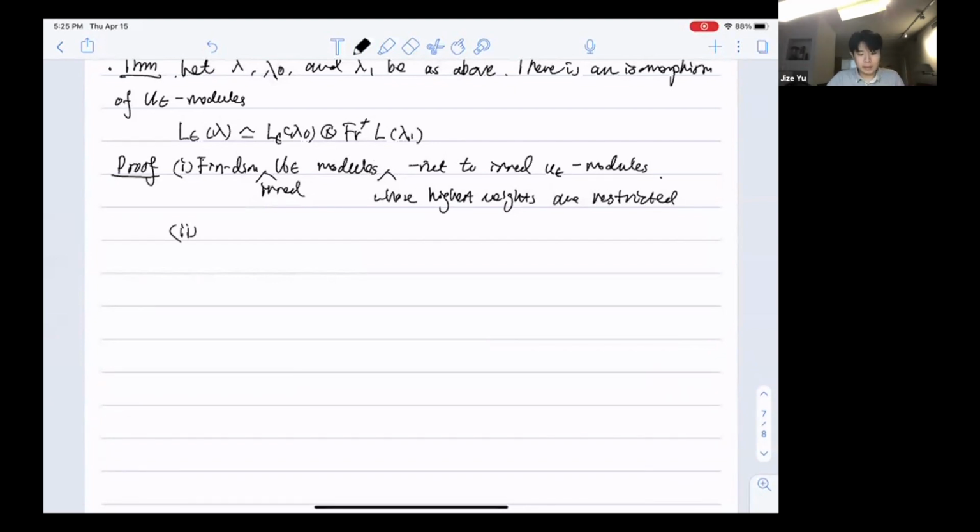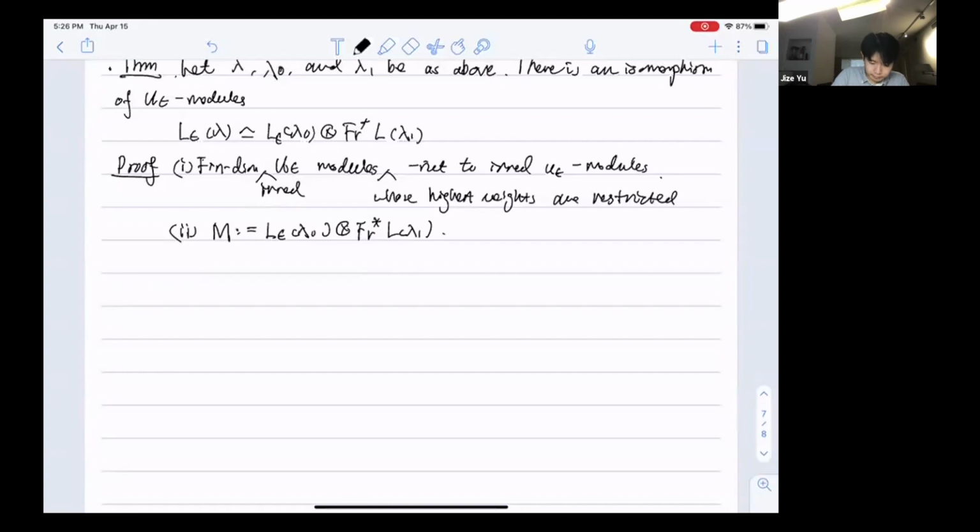And in the second part, we'll see how this first ingredient will help us prove this theorem. So we first let M be L_epsilon lambda 0 tensor with the Frobenius pullback of L lambda 1.